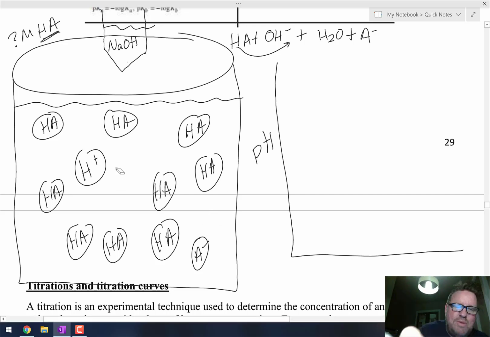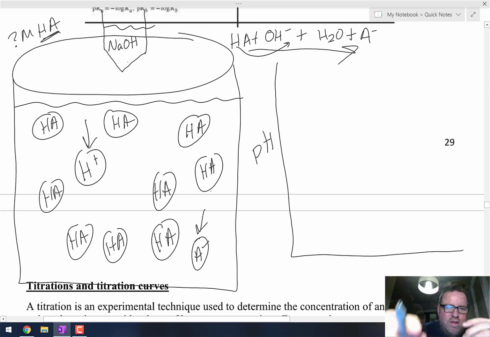So that's what happens initially. This reaction is going to start by reacting with the ionized form of the acid. And what happens with the pH? Over here is going to be the volume of NaOH.